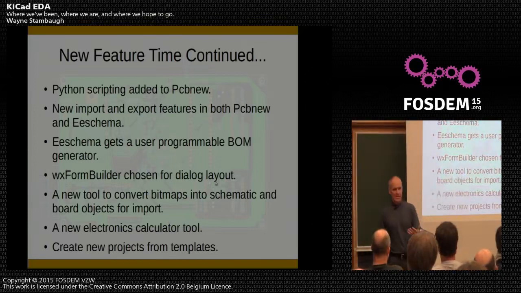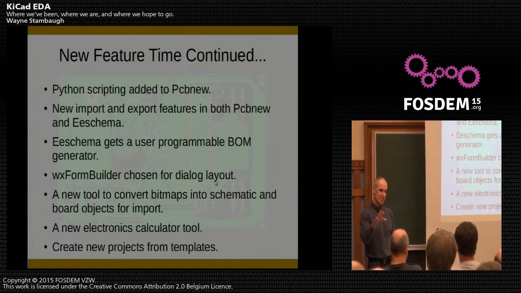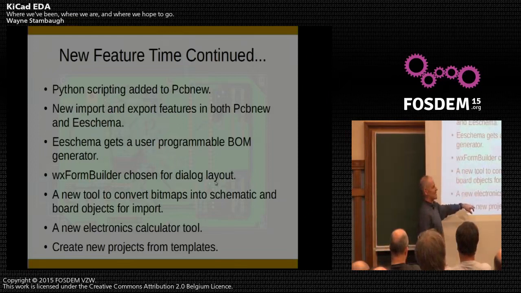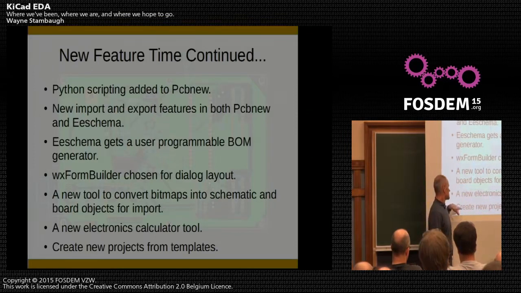We have a tool where you can take a bitmap, convert it into both board and schematic objects, so you can put images in your drawing. You can also do bitmaps directly in the Eeschema. They don't really mean anything on a PC board. There's an electronics calculator tool that's pretty basic, but it gives you some of your basic electronic stuff. It's nothing fancy.